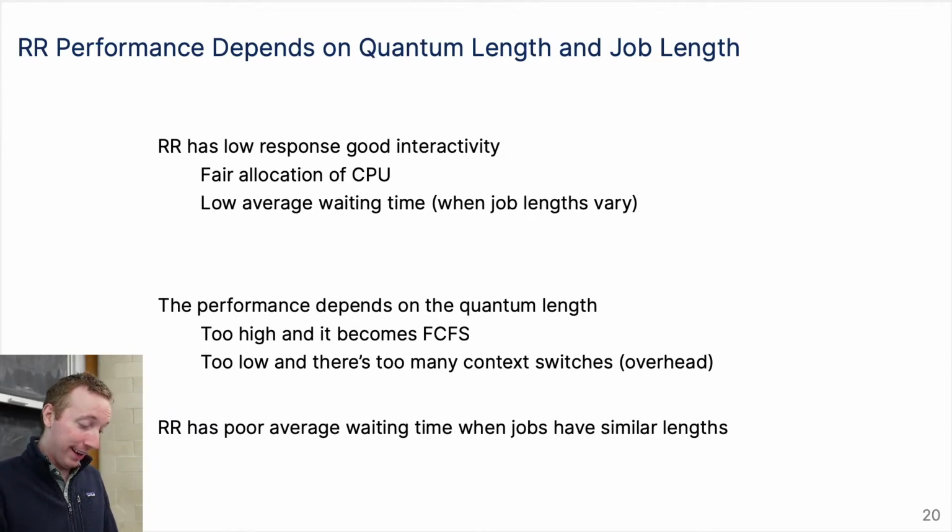But the performance does depend on the quantum length. Too high, it becomes first come, first serve. Too low, there are way too many context switches, which is a lot of overhead. On a real system, you typically want the overhead to be in the single digit percentage or less. And a fun thing you find from simulations is that round robin has a really poor average waiting time when the jobs have similar length. Again, that's just found through simulation.